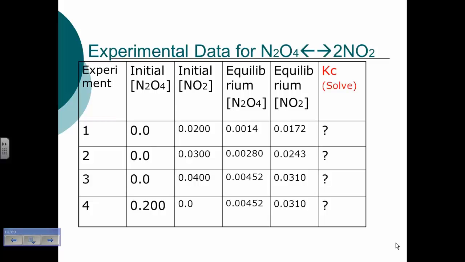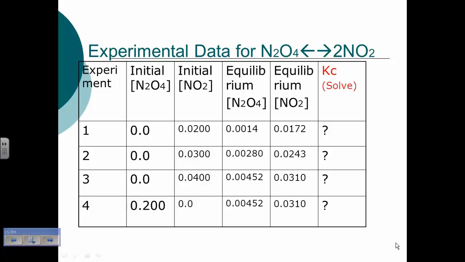I'd like you to prove that to yourself in the following way. First of all, here's our equation for some experimental data. We have 2 units of NO2 forming from 1 unit of N2O4. The reactant here is N2O4, and the product is 2 units of NO2.